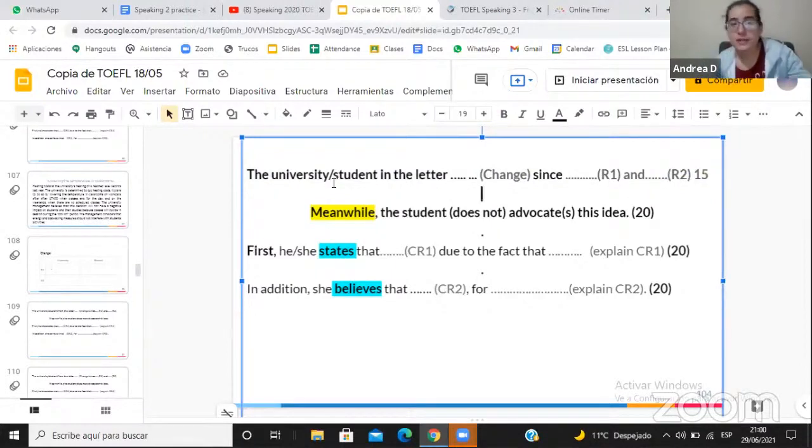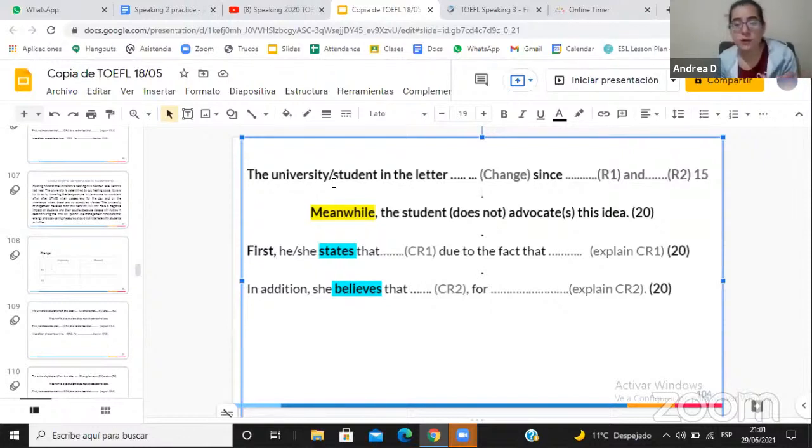You could say the announcement is about expanding the radio, but it's even more direct if you go with the university, or if it's a student, you say the student. The university plans to expand the radio since they want to attract students and have a new source of revenue. That's it.